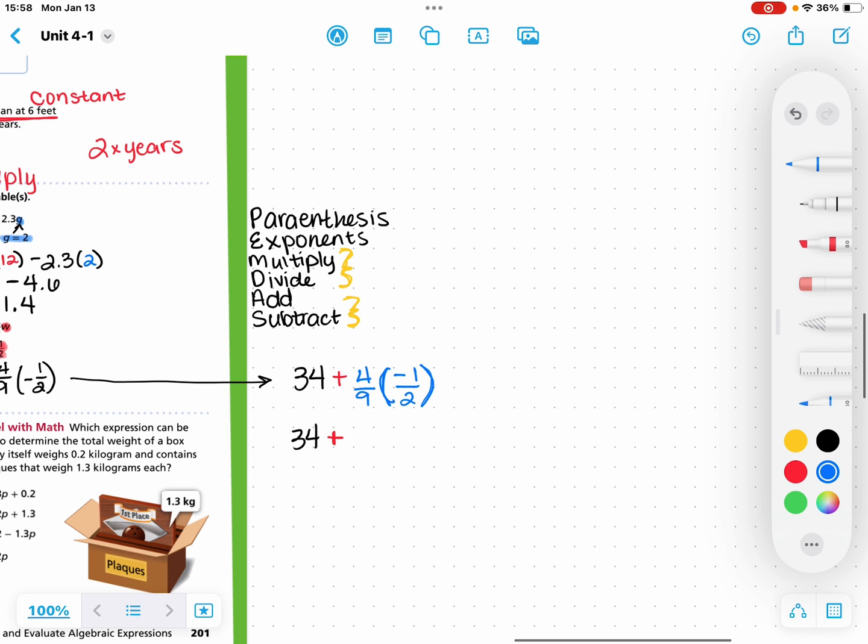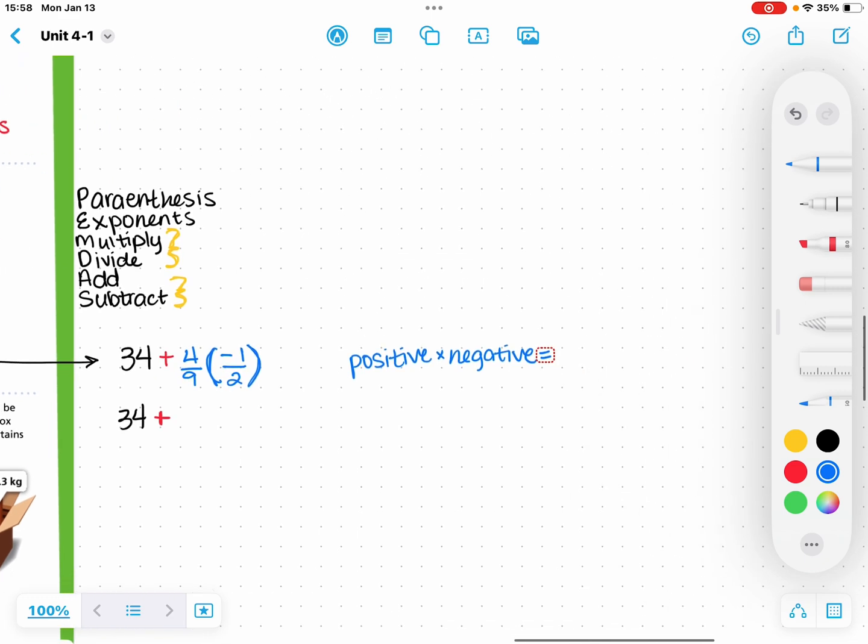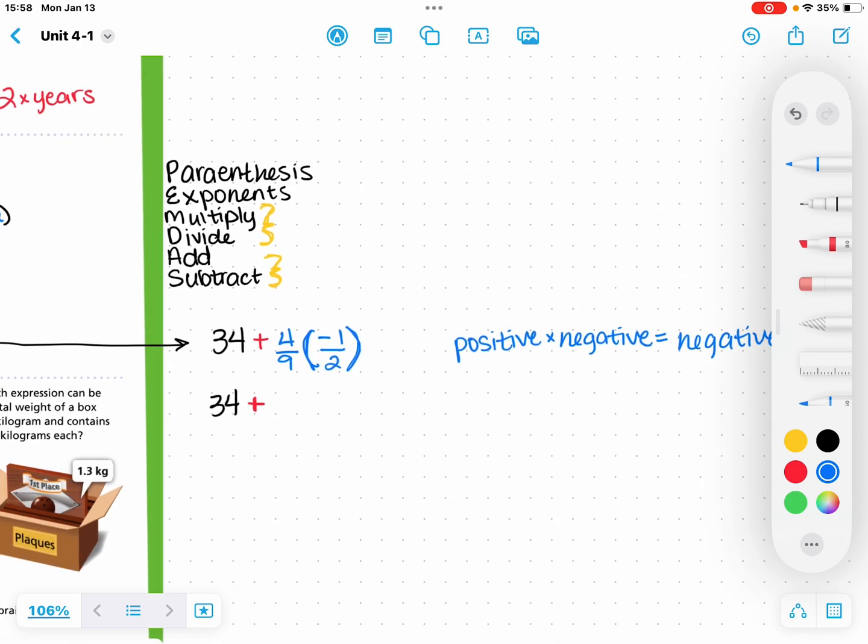When you are dealing with multiplication, a positive times a negative will give you a negative number. So whenever we're just looking at the numerators, 4 times negative 1, well, that's going to be a negative 4. 4 times 1 is 4, but I have a negative there, so it's a negative 4.